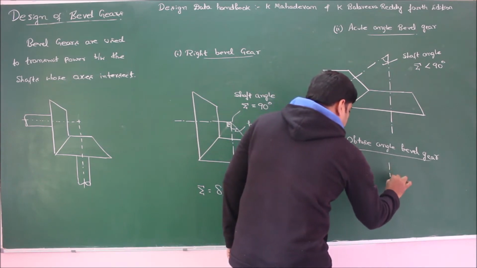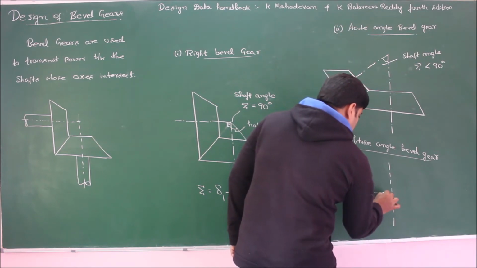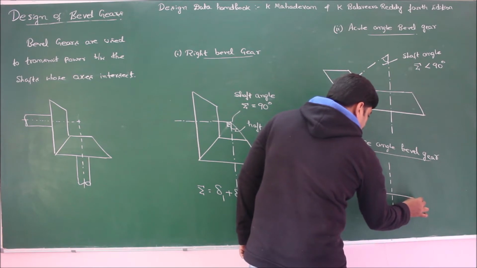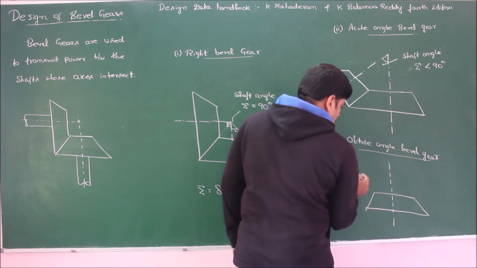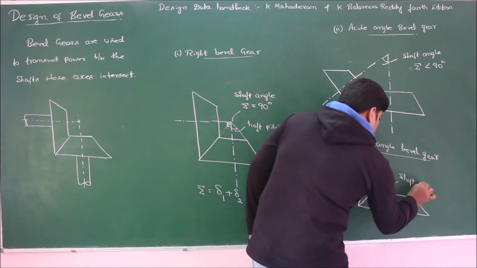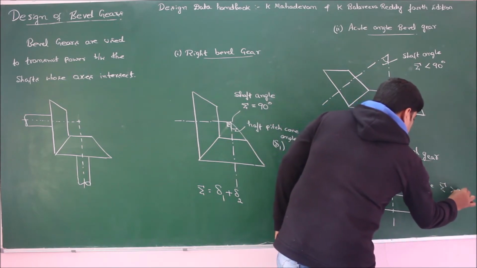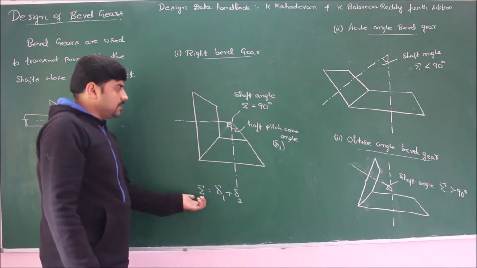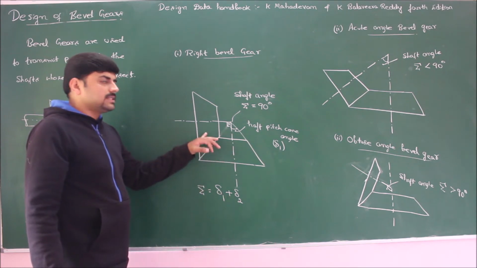In case of obtuse angle bevel gear, the shaft angle will be greater than 90 degree. The shaft angle is nothing but the sum of half pitch cone angle of gear number 1 plus gear number 2.